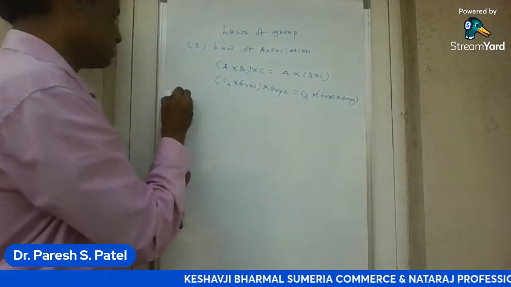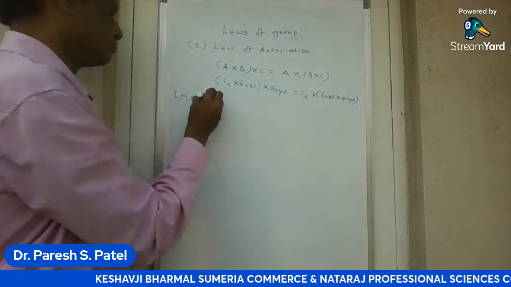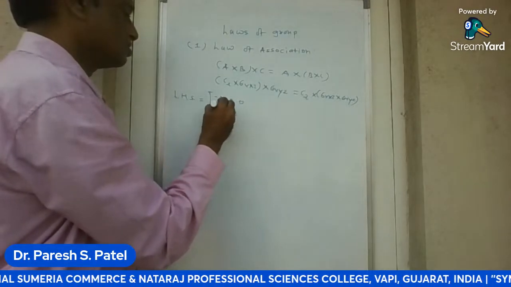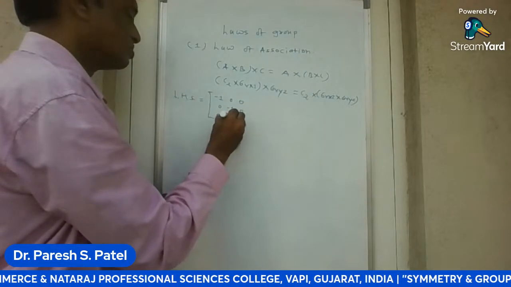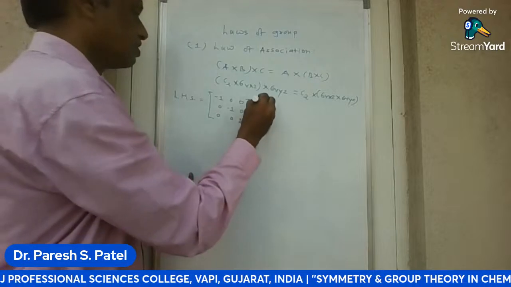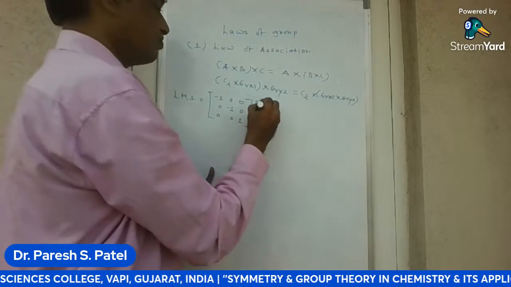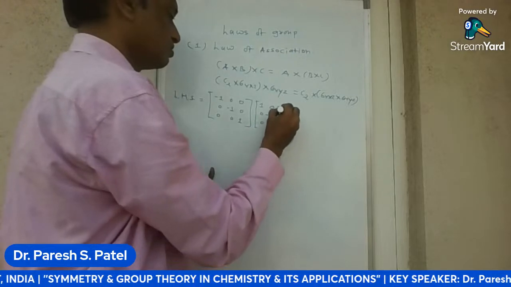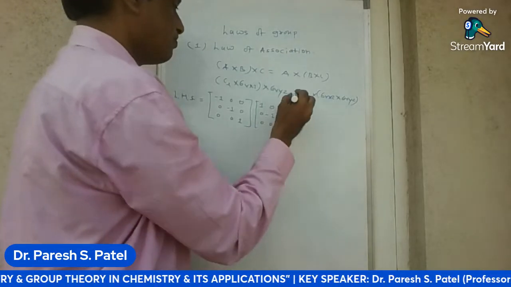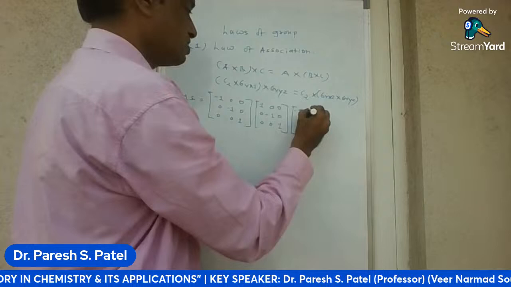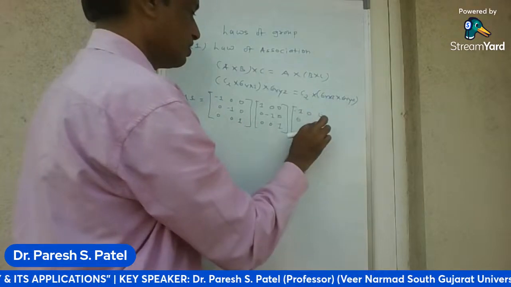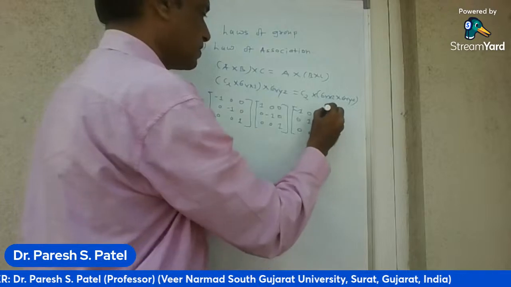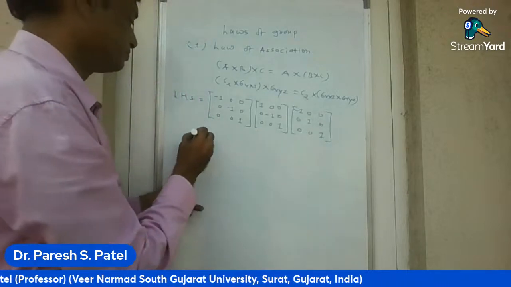The left hand side is equal to the matrix representations for C2, minus 1 0 0, 0 minus 1 0, 0 0 1. Sigma Vxz is 1 0 0, 0 minus 1 0, 0 0 1. And sigma Vyz is minus 1 0 0, 0 1 0, 0 0 1. This is the matrix representation for sigma Vyz.